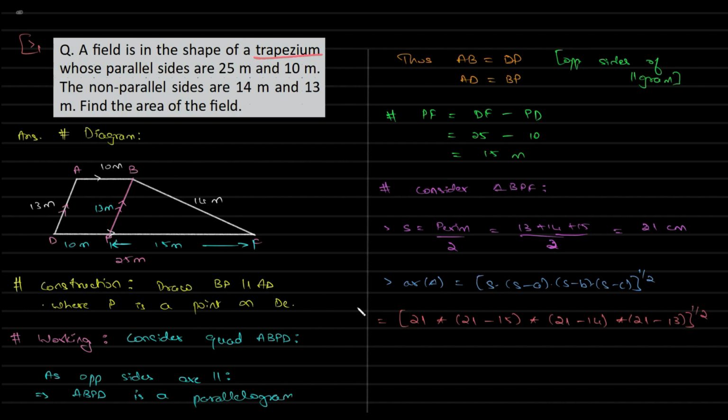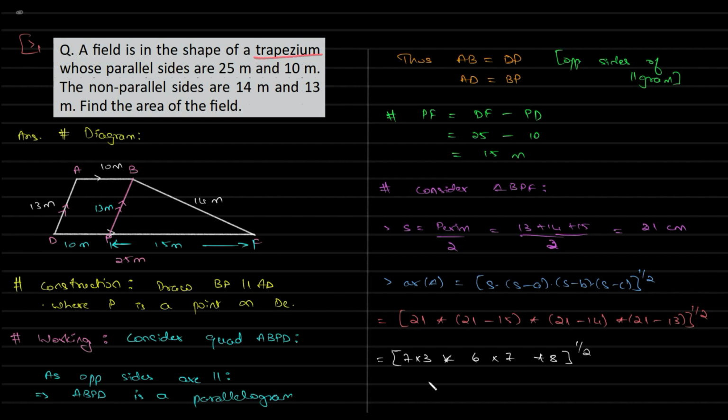So 21 does not have a root, so we'll write it as 7 into 3. And the difference over here is 6, 7, and that's 8.